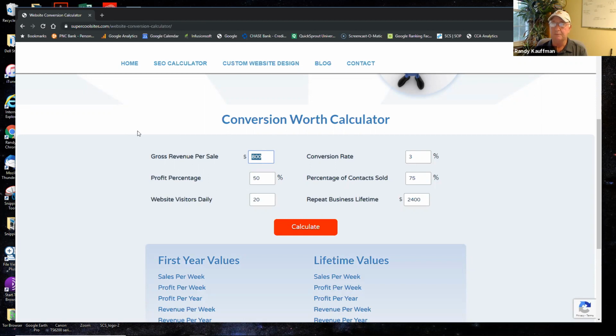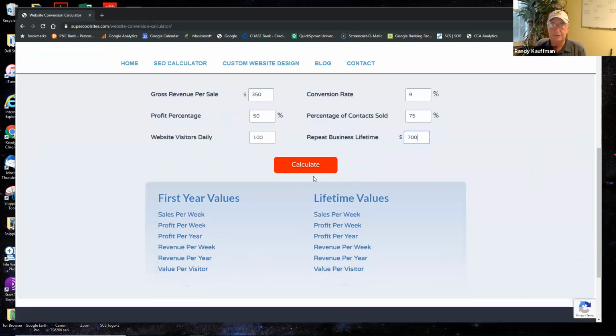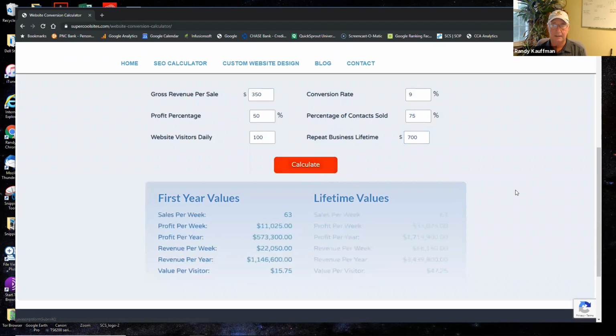Their gross revenue per sale is $350. Their profit percentage is about 50%. They have maybe 100 visitors daily, and they're converting at 9%, and they're selling about 75%, and they do get a pretty good amount of repeat business, let's say $700. So by using this, you can calculate their values.